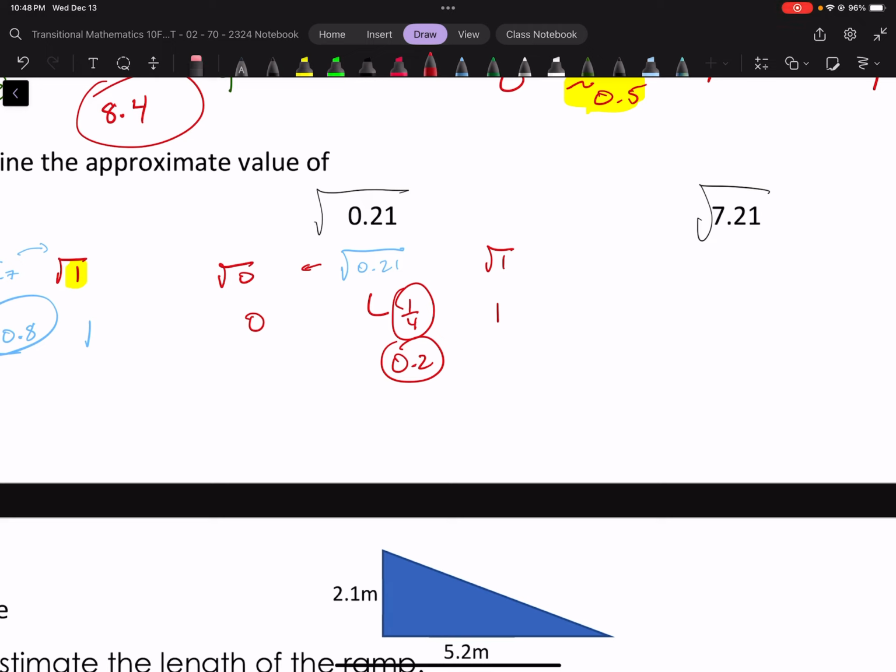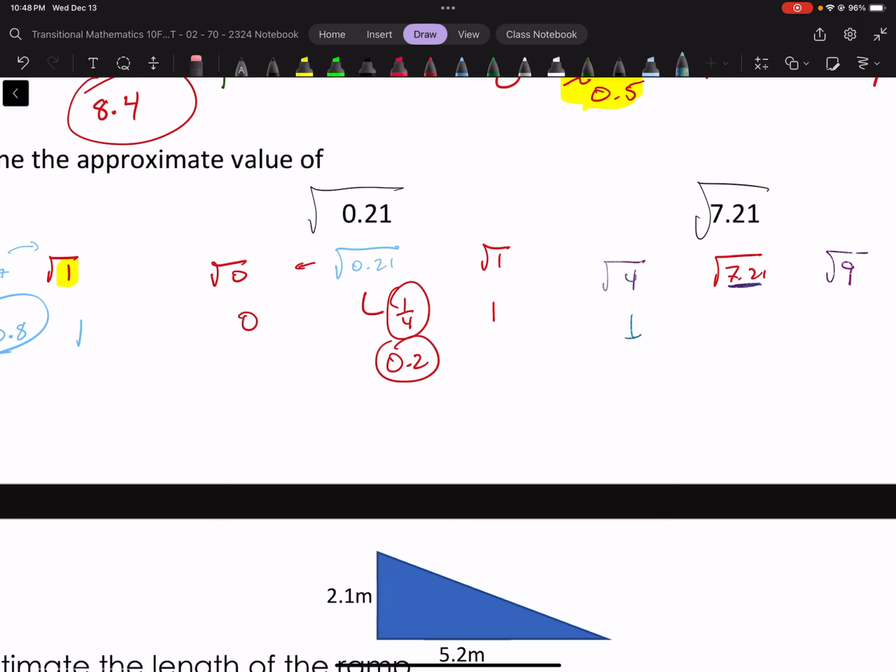Now, this seems oddly specific, doesn't it? The square root of 7.21. So the square root of 7.21, I'm going to try to pick my perfect squares here. So the perfect square that is just below 7.21 is 4. The perfect square just above 7.21 is 9.